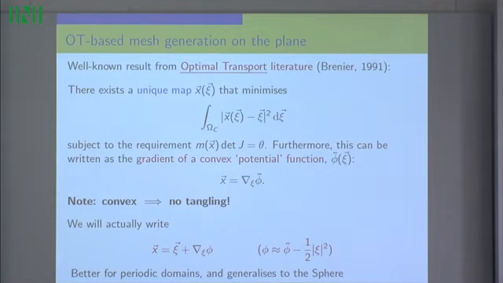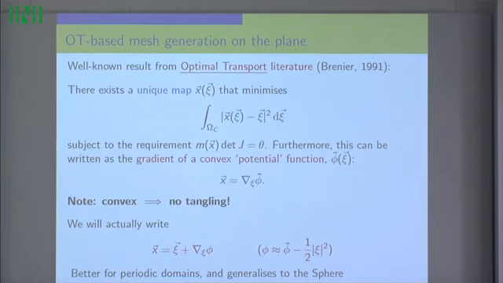And he said that the mesh, the function that you get, is the gradient of a convex scalar function, which I call the mesh potential. So in other words, the function which minimizes this and satisfies this has the property that it is the gradient of a convex function. Okay, so that was Brenier's result. And the whole of the subject sits on that result.